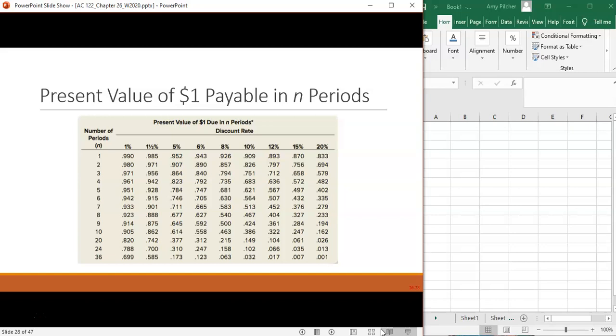We have the number of time periods and what our discount rate is, and when we match those up on the slide, so if we look at 10% for 5 years, we get what's called a factor. That factor is what we multiply our amount by in order to discount the future value back to what its present value would be today if we were looking at an investment rate percentage of that amount of money.